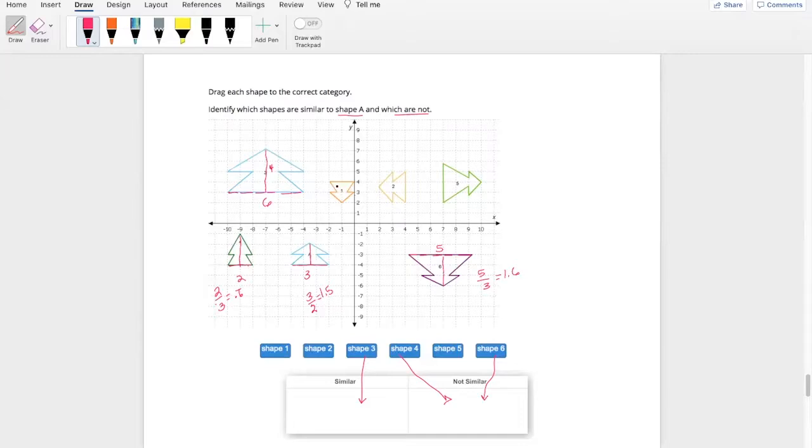How about shape 1 here? Got that side is 2, and the height stayed the same, 2. Well, 2 to 2 gives me that ratio of 1. So shape 1, we can also say is not similar.